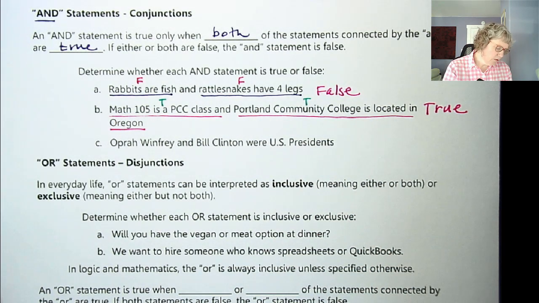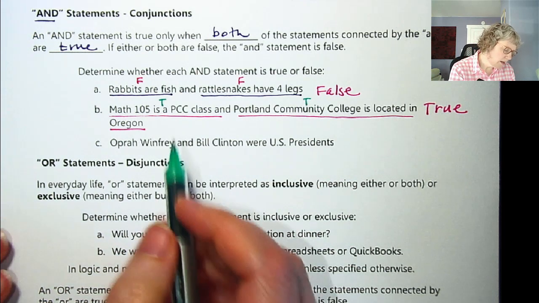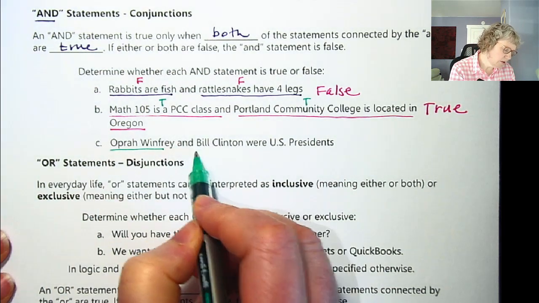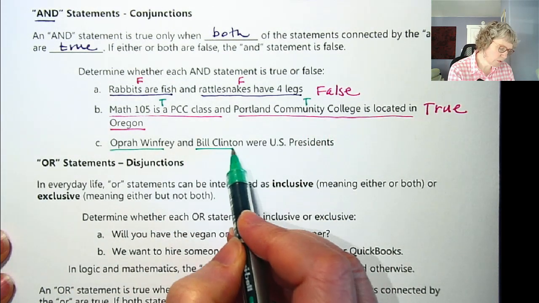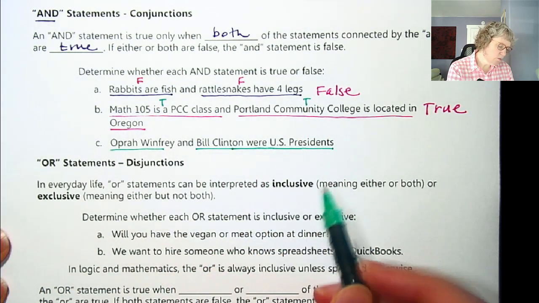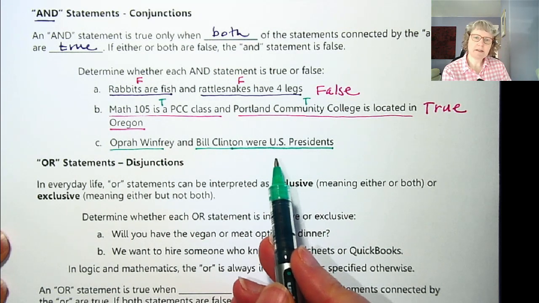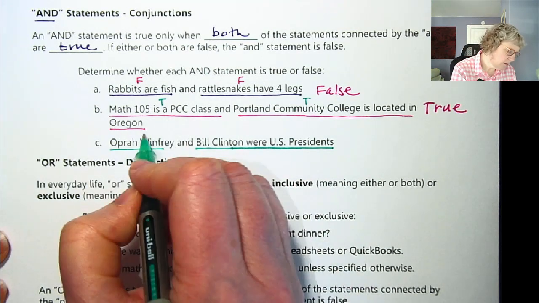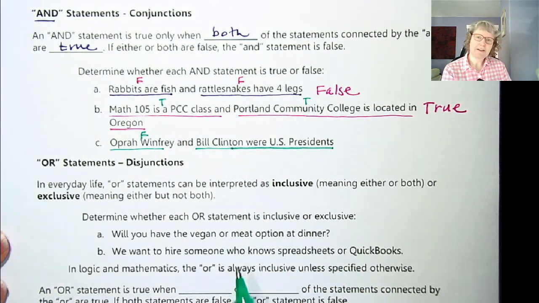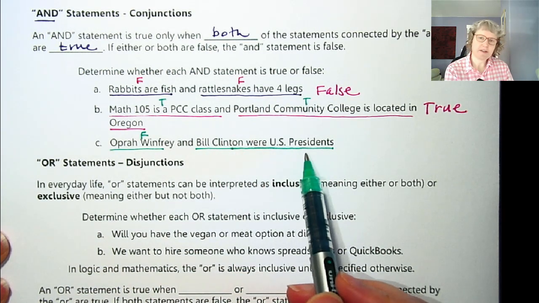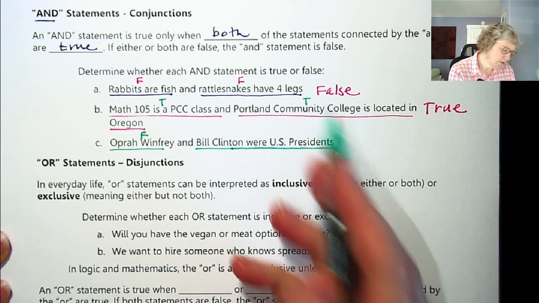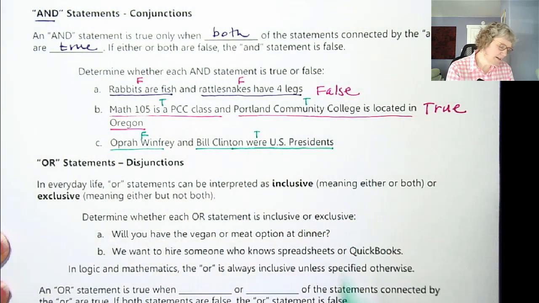A third example. Oprah Winfrey and Bill Clinton were U.S. presidents. Again, this is a little shortcut way of writing it. Was Oprah Winfrey a president? No, that's false, at least not as of this video. And Bill Clinton, was he a U.S. president? Yes, he was a U.S. president in the 1990s.